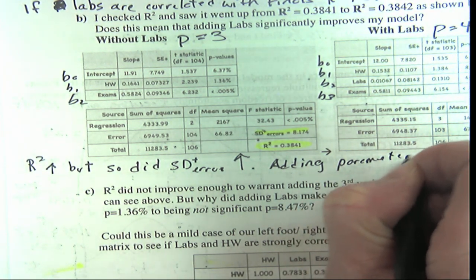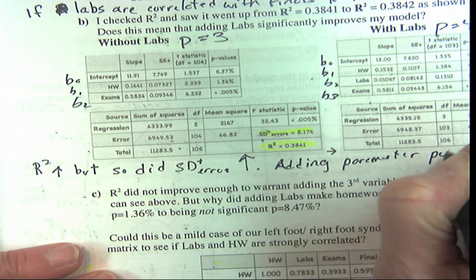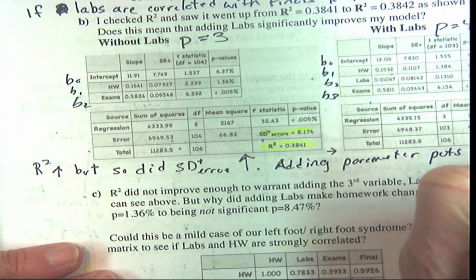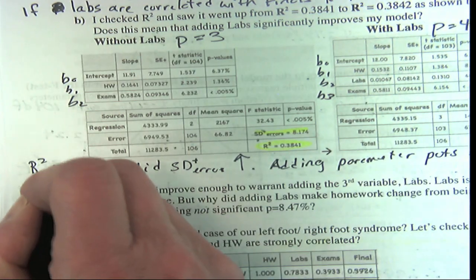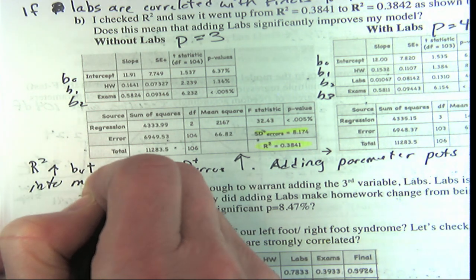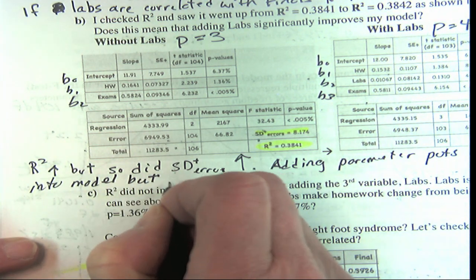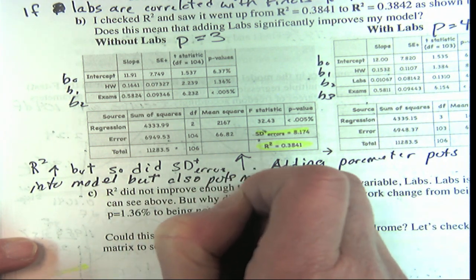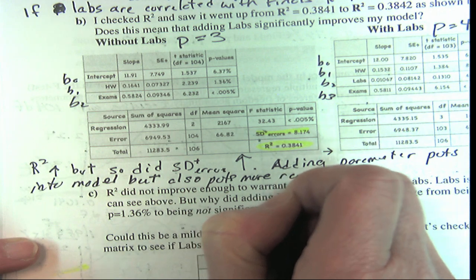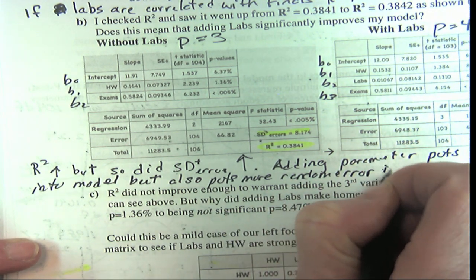So adding parameters puts more information into the model, which looks good. You get more information inside the model, so that will make better predictions. But it also puts more random error in. So there's a trade-off.